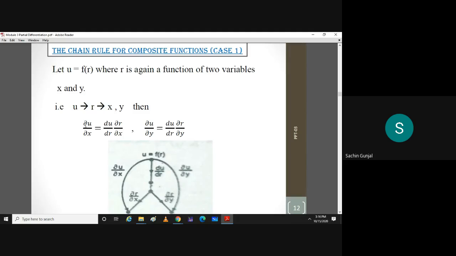So ∂u/∂x, and how do you calculate it? You differentiate u with respect to r. Now this is ordinary derivative, du/dr, and then r with respect to x.